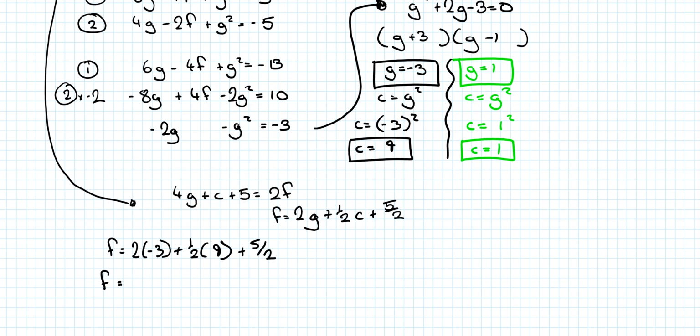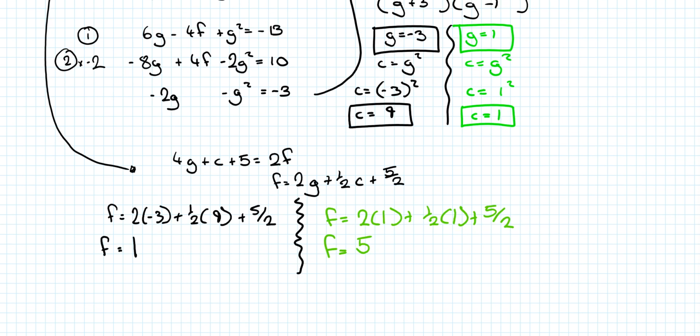F is equal to minus 6 plus 4.5 plus 2.5. Put that into your calculator and you get 1. And then we're going to do something very similar on the other side. F is equal to 2 times 1 plus a half times 1 plus 5 over 2. F is equal to 2 plus 0.5 plus 2.5, which would be 5.